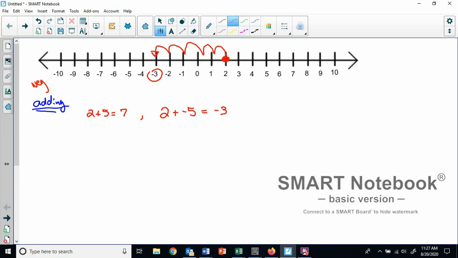I thought about this a few years ago when I was trying to think, how did I add negative and positive numbers in my head without having to stress too much? It's because I started this way, visualizing it kind of as a number line, where I'm at 2, I'm going to move back 5 because it's negative 5, and back 5 would be back until we hit negative 3.